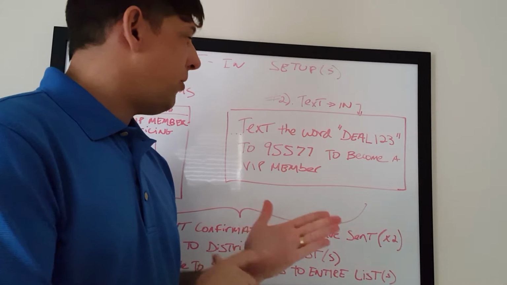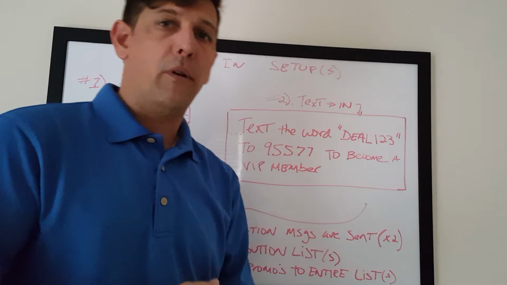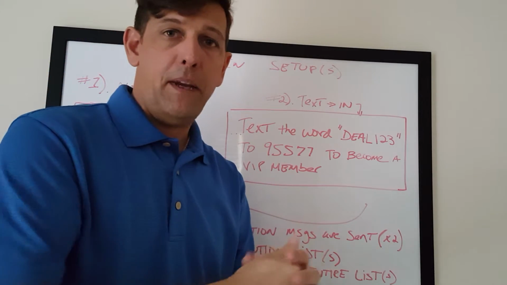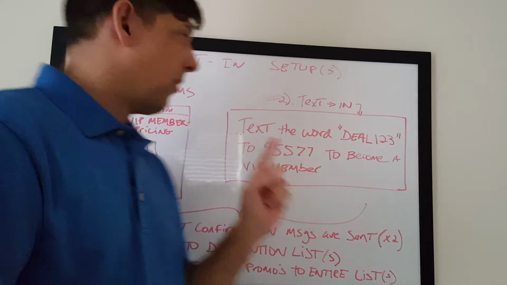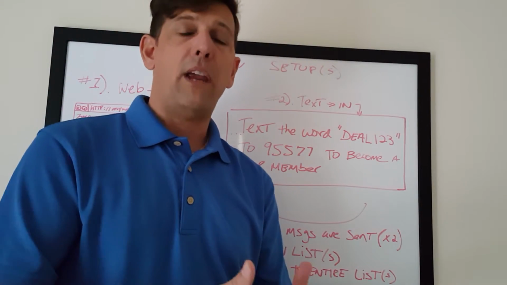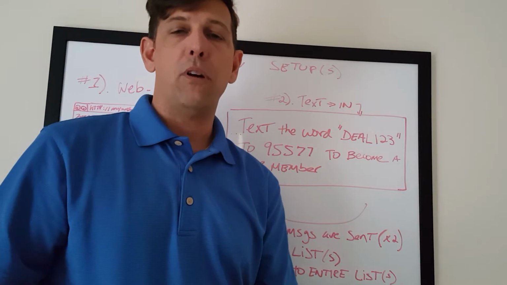When they text in the keyword to this particular number, it opts them in. And then, much like the web form method, their number is submitted to the system and saved, and you can now send them additional promotions in the future.